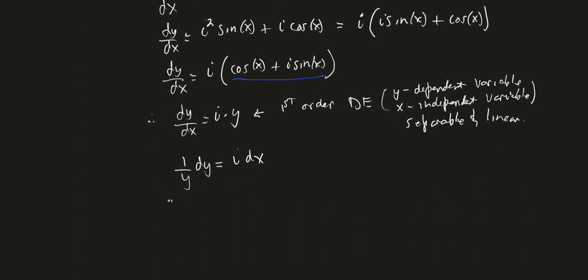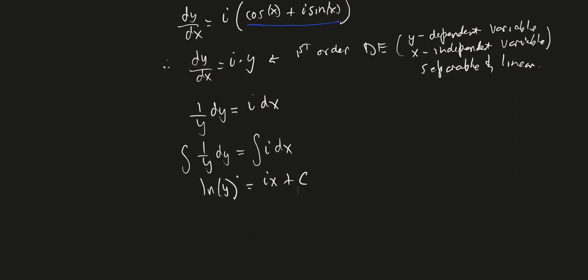So integrating both sides, over here I'll have my natural log of y, and then over here I'll have i times x plus my constant of integration.